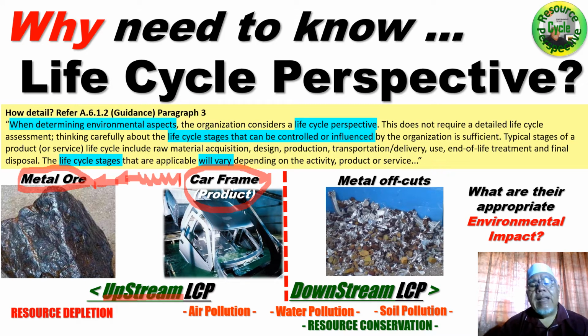And then the environmental impact of that is actually very popular. You know this best, resource depletion. But if you ask me, I'm more interested in the damage that we have caused to the environmental resources. Damaged geological structure.